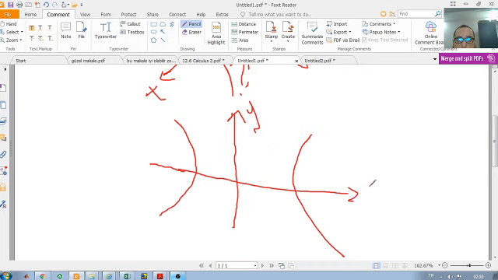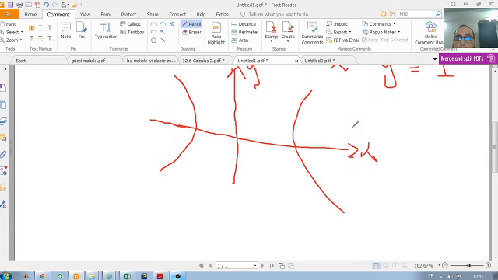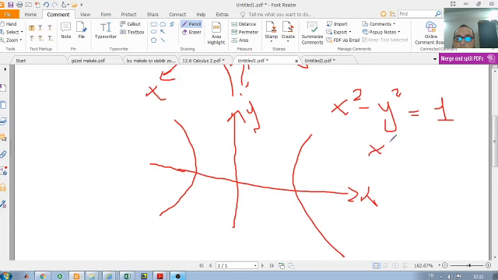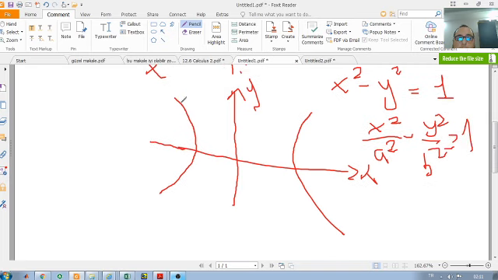Y-axis, x-axis. So the equation of the hyperbola can be given as x squared minus y squared is equal to 1, or the most general form can be given as x squared over a squared minus y squared over b squared is equal to 1. Okay, this is the graph of the hyperbola.